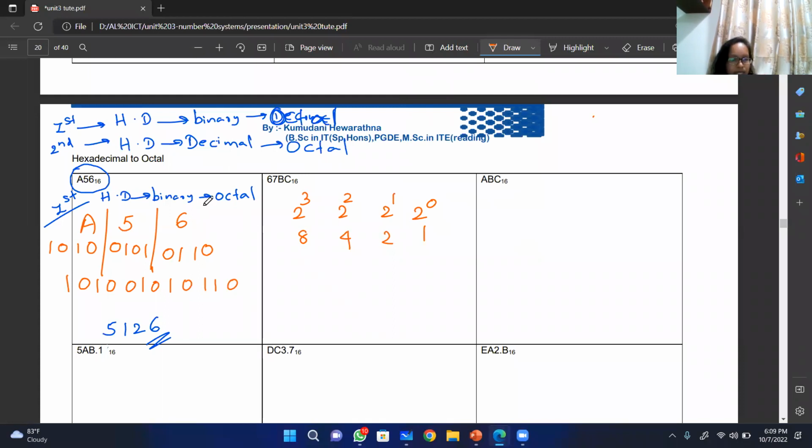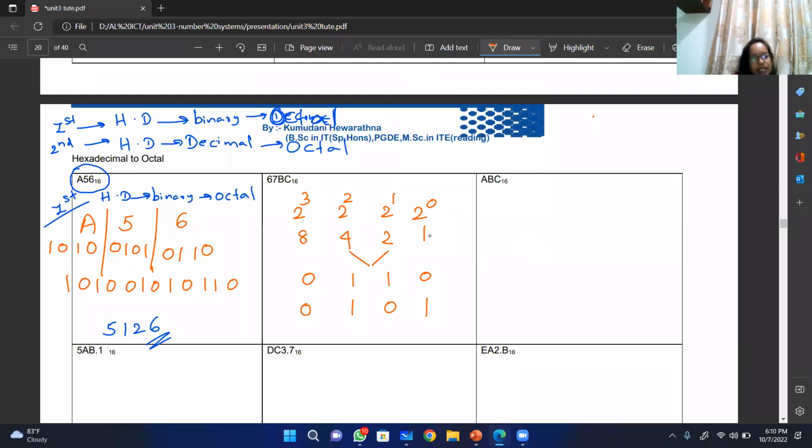Then the 6: how to make 6 out of these 4 places? 4 and 2 is 6, so for 4 and 2 you just put 1 1 and the others 0. So you can take 0 1 1 0. Then 5: 4 and 1 is 5, so 0 1 0 1.